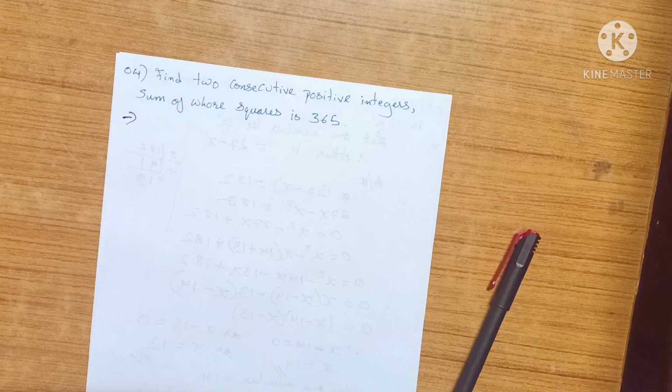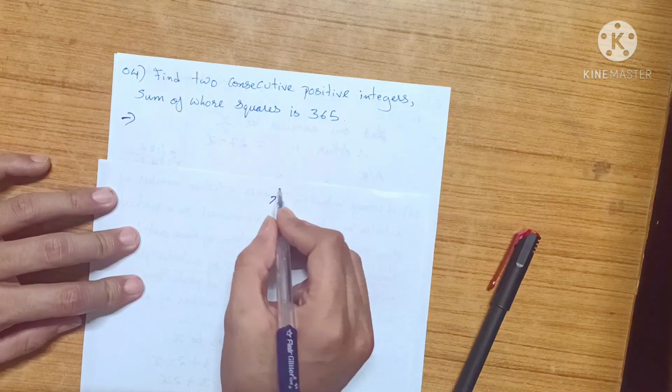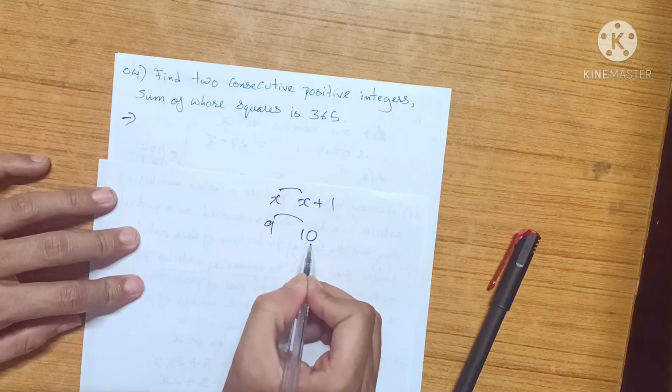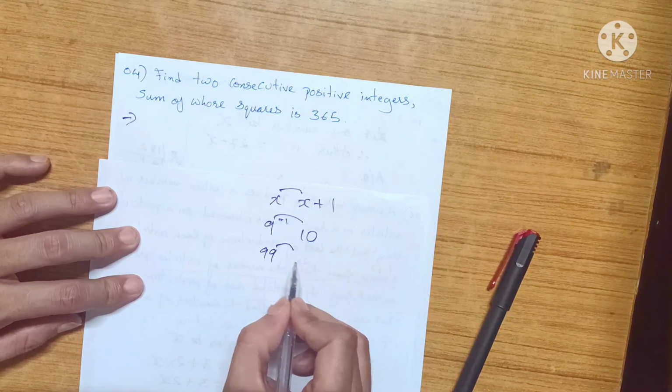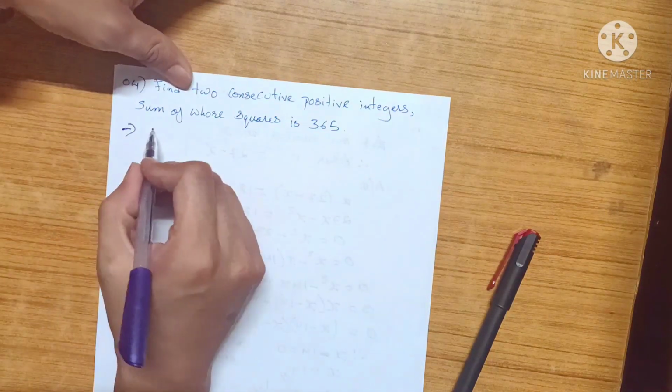So we have to find two consecutive positive integers. Consecutive, I think I've already explained to you what is consecutive. If I say x, the next consecutive number would be x plus 1, just like 9 becomes 10, and 99 becomes 100, because 99 plus 1. So x becomes x plus 1.